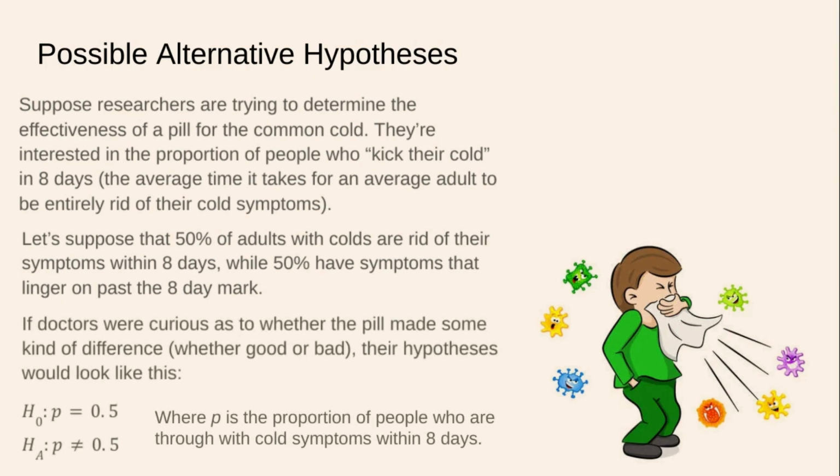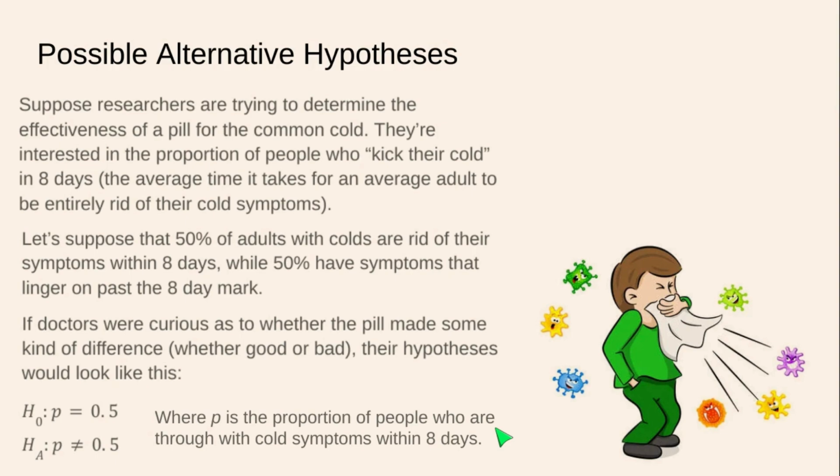If the doctors were curious as to whether the pill made some kind of difference, whether good or bad, their hypotheses would look like this. Null hypothesis, P equals 0.5, and alternative hypothesis, P not equal to 0.5. And P is the proportion of people who are through with their cold symptoms within 8 days.